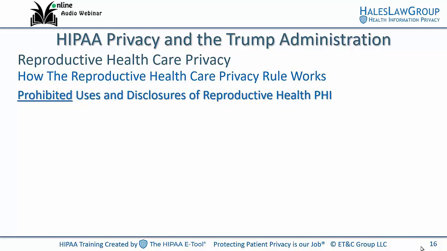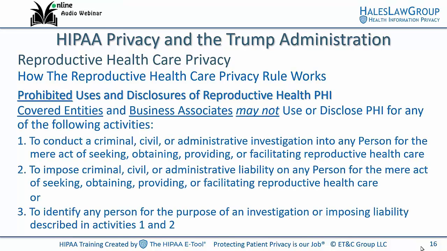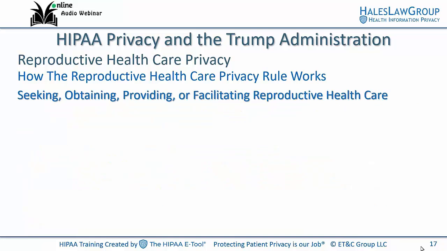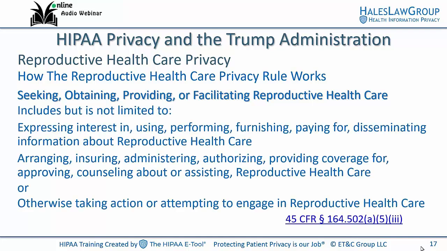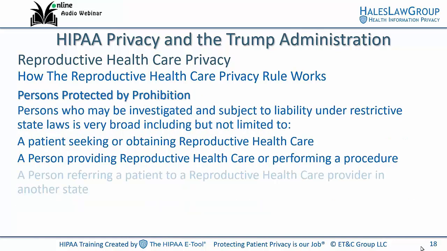They work by prohibiting certain uses and disclosures of reproductive health protected health information to protect the privacy and security of individuals. What does seeking, obtaining, providing, or facilitating reproductive health care mean? Or otherwise, taking action or attempting to engage in reproductive health care. A person referring a patient to a provider in another state.